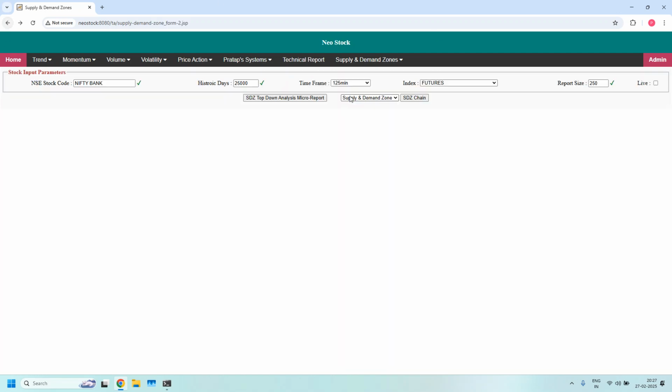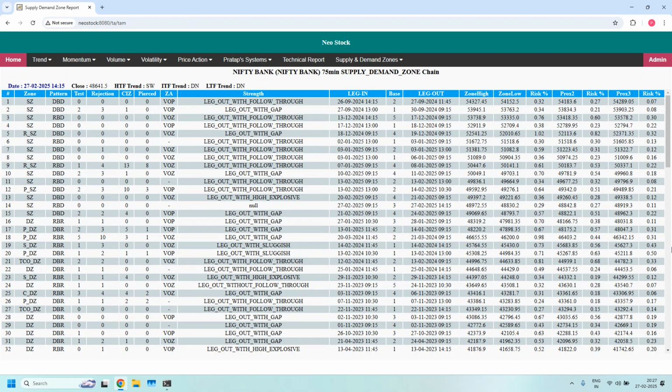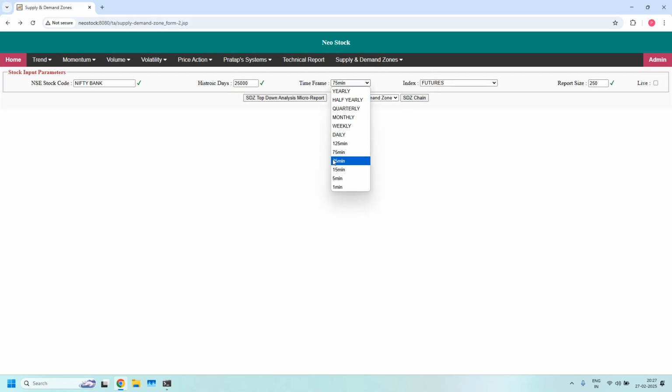Next, 75 minute supply demand zone chain for Bank Nifty. Next, 25 minute supply demand zone chain for Bank Nifty.